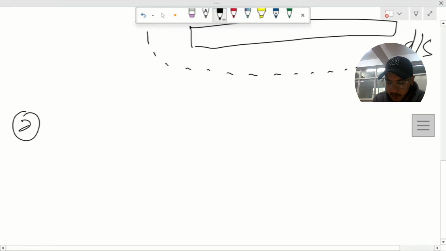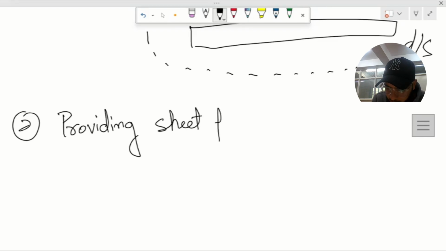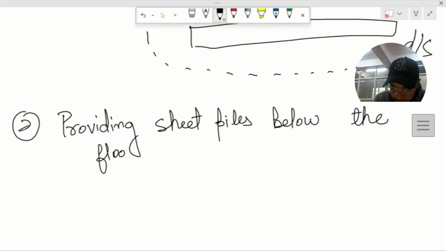The second remedial measure is providing sheet piles below the flow.